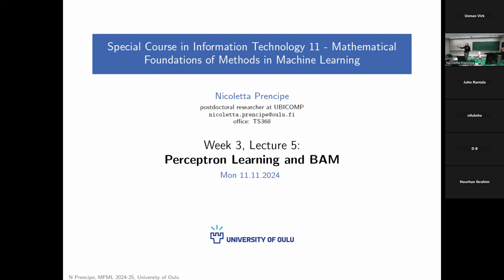So from Friday on, we're going to do Hopfield networks, but before we do this preliminary pre-Hopfield thing, okay? So half of the lecture is going to be perceptron learning, even a little bit more, and the rest is going to be BAM. So to start, we need to do some stupid recap.